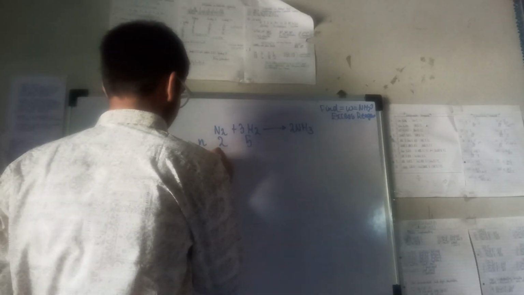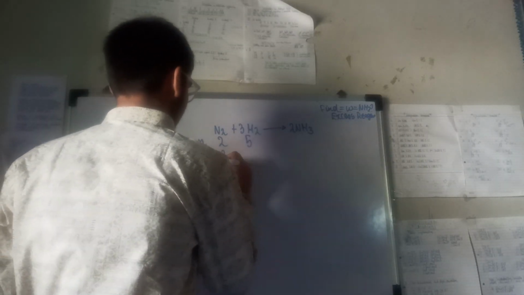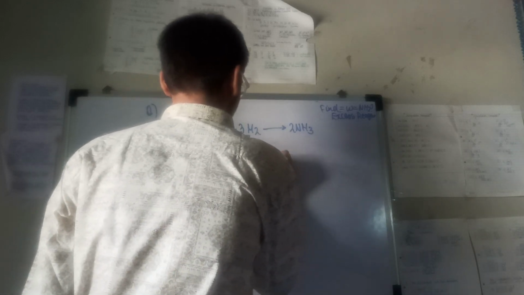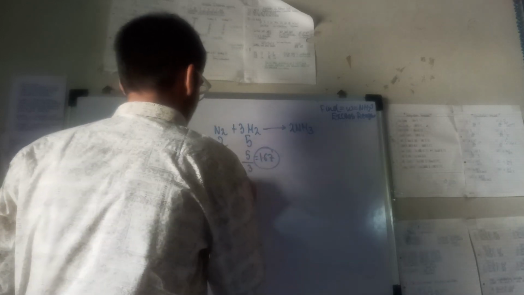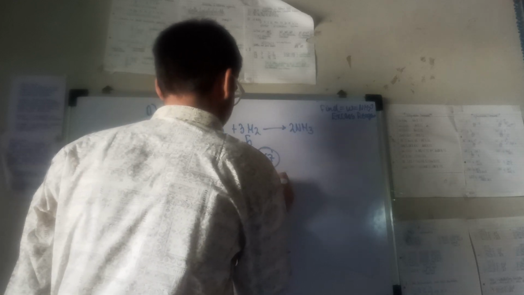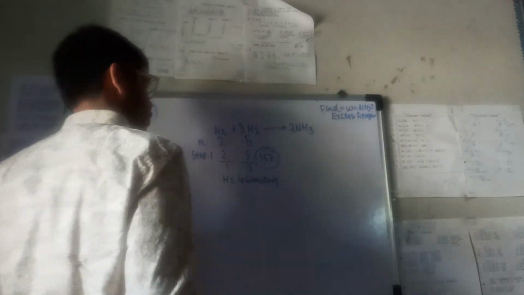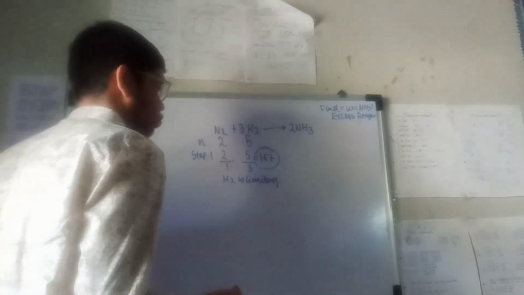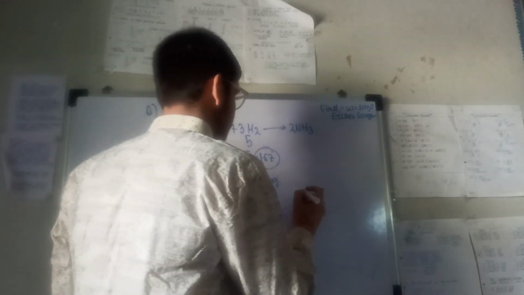Step 1, simple. 2 by 1, 5 by 3. 5 by 3 is 1.67. This is less, so H2 is the limiting reagent you found. Now simply, weight we have to find. So moles I have to find first.